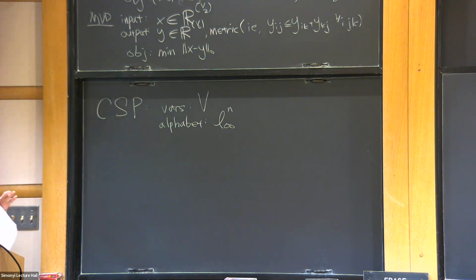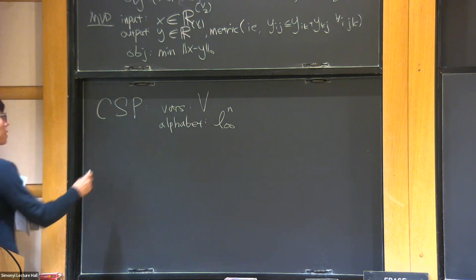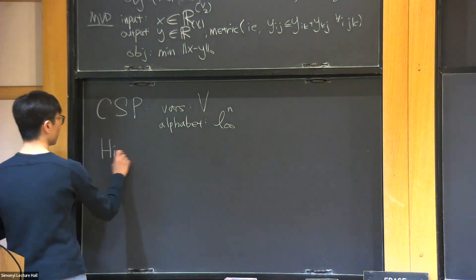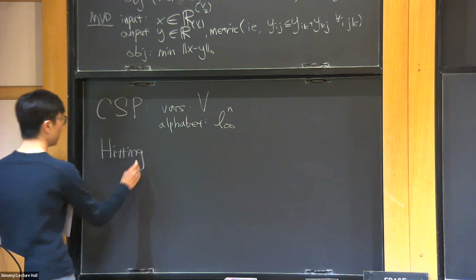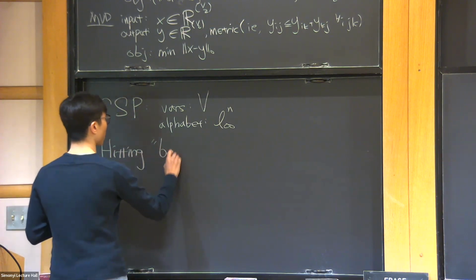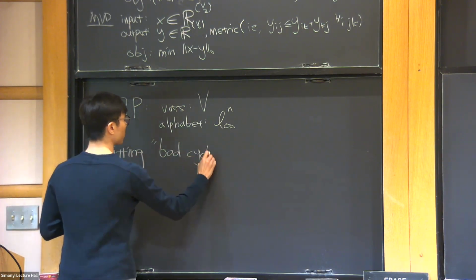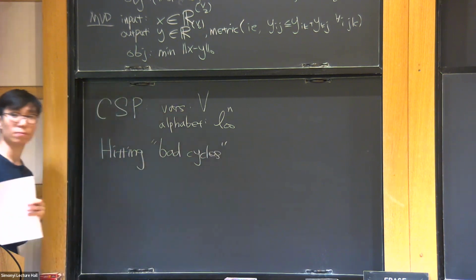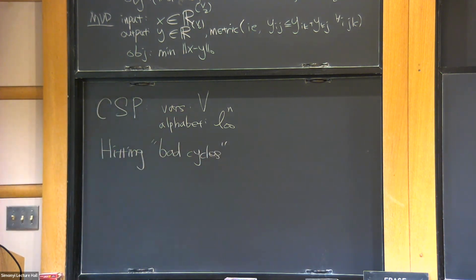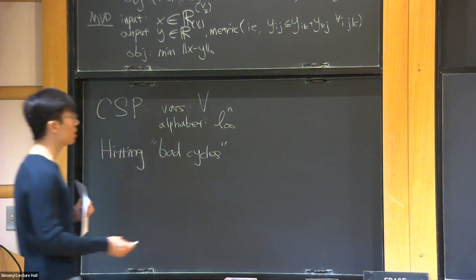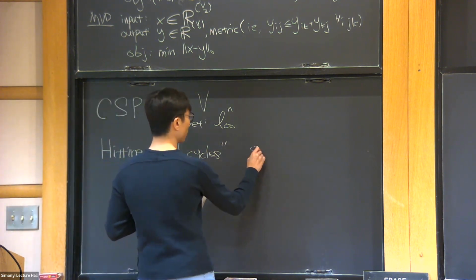Okay, so that's one interpretation. The other interpretation, which we will use more explicitly, is again hitting cycles, more specifically hitting the bad cycles. Let's look at correlation clustering, and suppose that I observe this cycle.